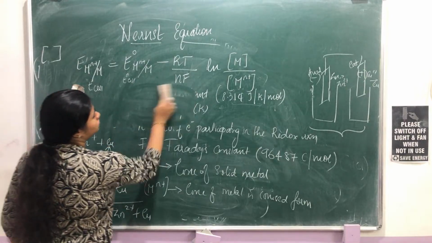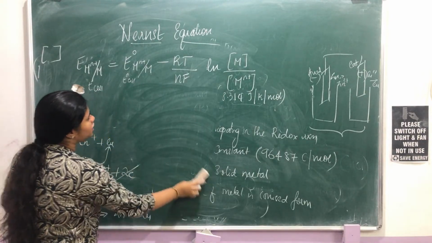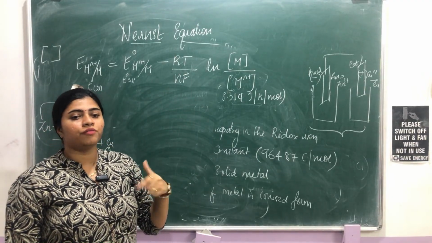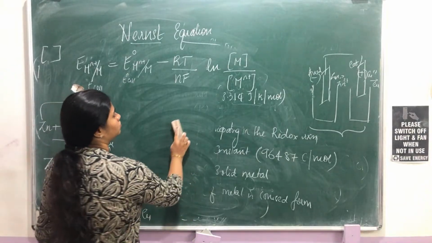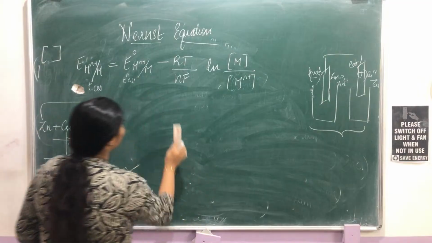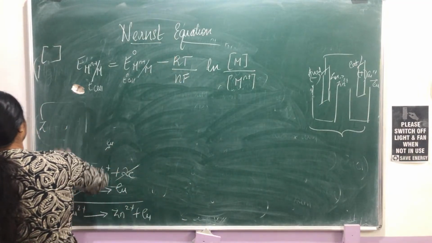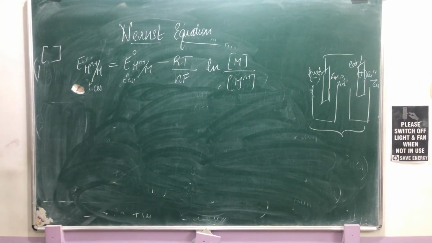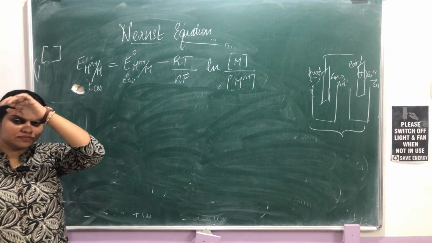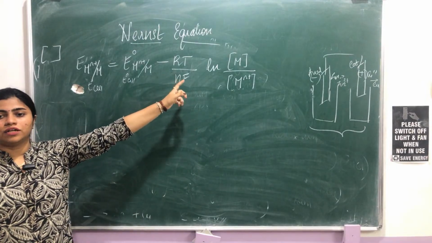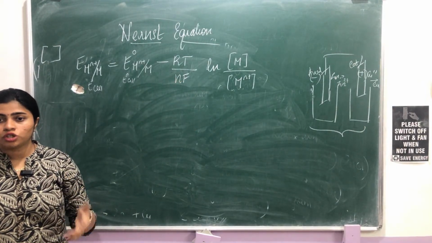Now, can you tell me which amongst R, T, N and F will remain constant and which will go on changing from reaction to reaction? No, no, only this term. Is R constant? Is T constant? No. What about N and F? F is constant. N and T will go on varying from reaction to reaction.